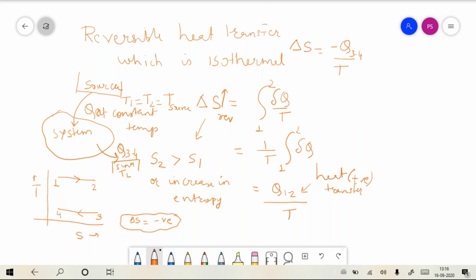Now, what if the process is irreversible? If there is an irreversibility, then there could be. Now, let us take an interesting process.